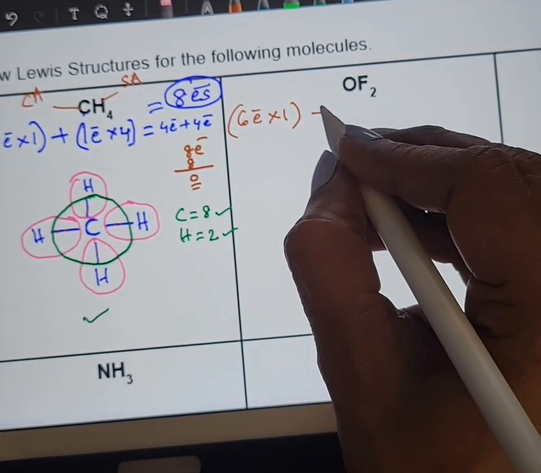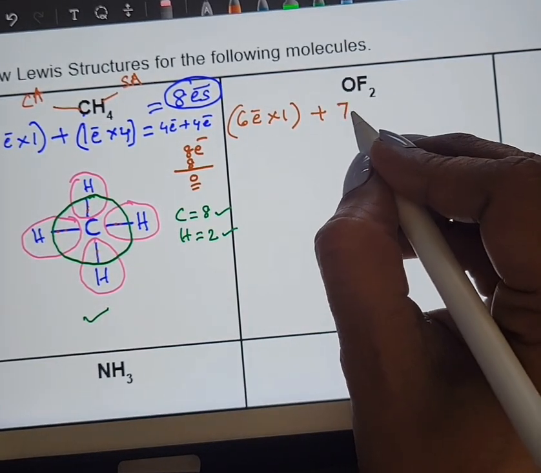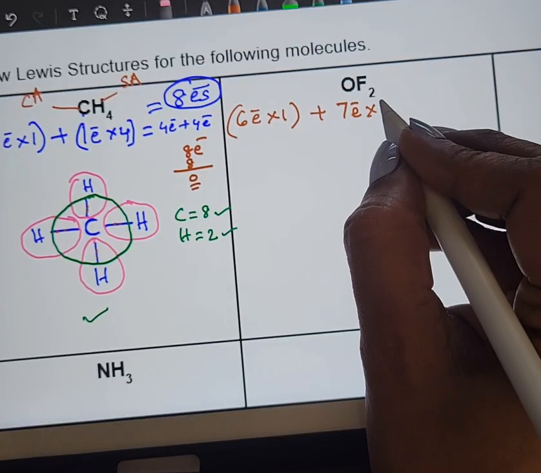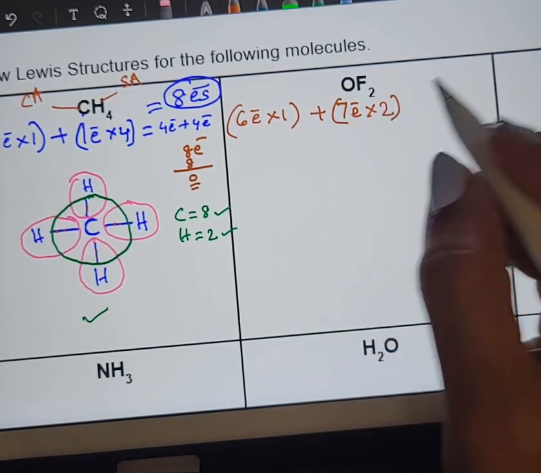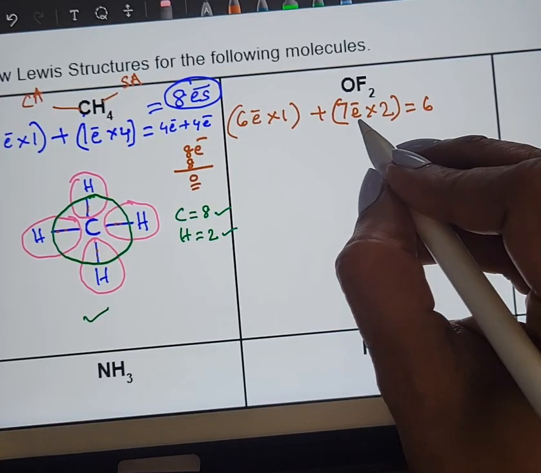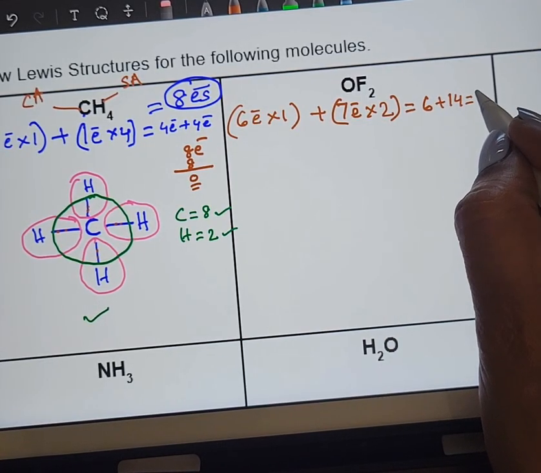Plus fluorine, which has 7 electrons. And how many fluorines are you seeing here? 2. So total electrons: 6 from the first one, 7 times 2 is 14. So total how many electrons? 20 electrons.